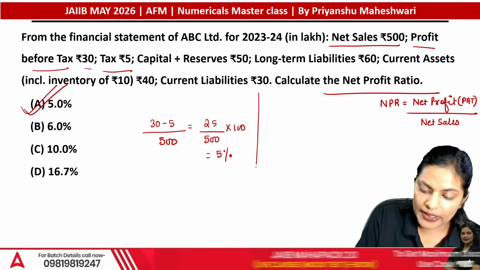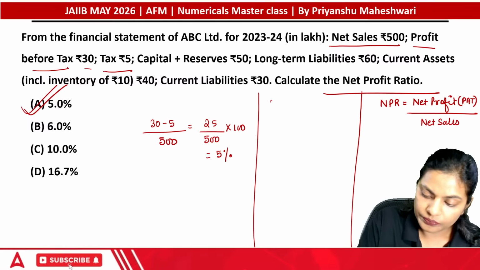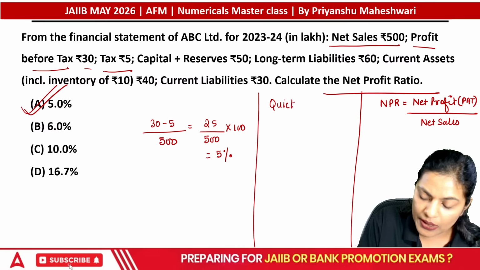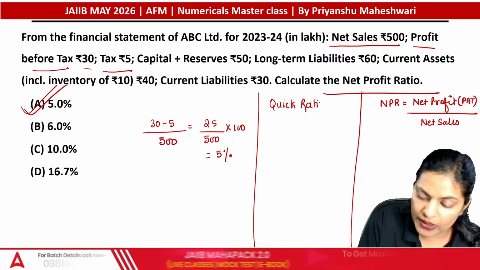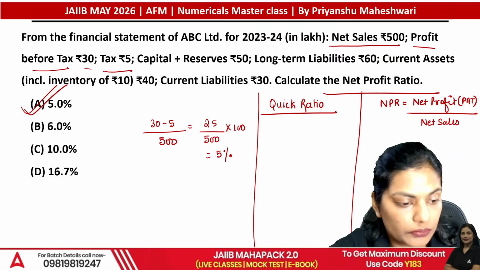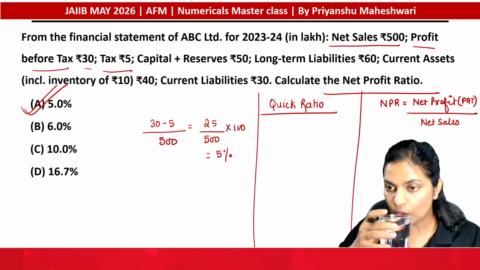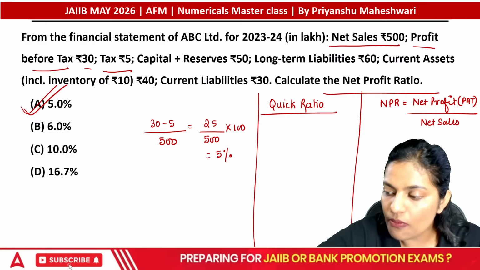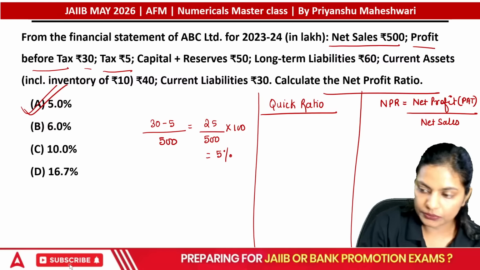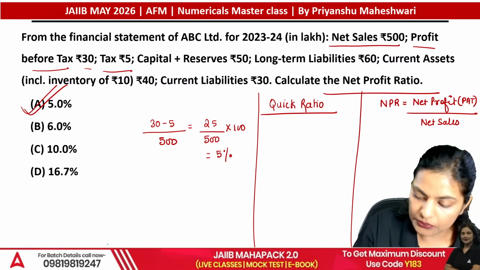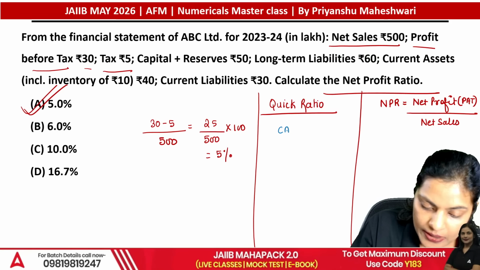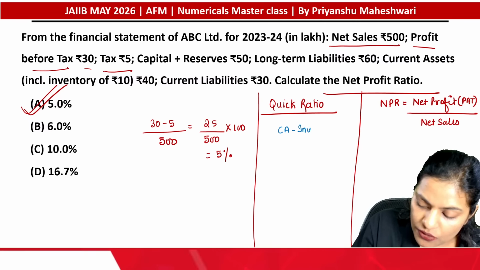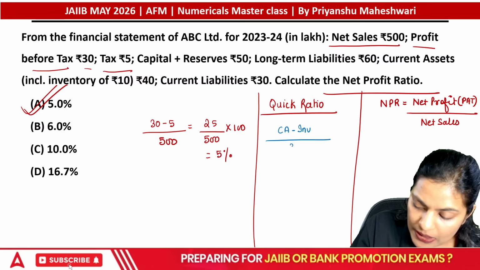Now, can you calculate the quick ratio also in this? From the same question, can you calculate the quick ratio? Current asset minus inventory upon current liabilities.